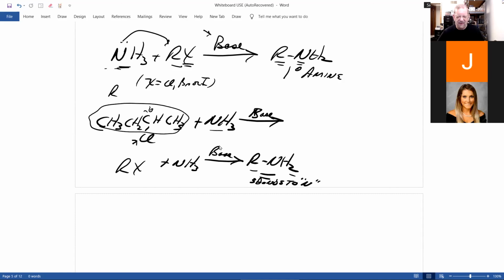So if I look here, that's my R group. Do I break carbon-carbon single bonds? No. And that carbon with the halogen will now have NH2. An amine group counts as one bond to carbon, so I can put in my hydrogens.